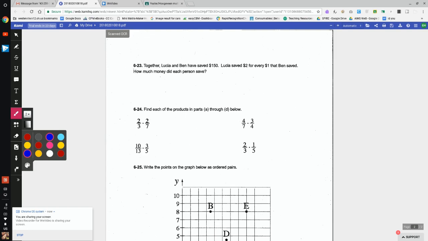And you know that Lucia, if she saves 2 for every dollar Ben saved, right now we have $3. Okay. So she saves another 2, he saves 1. They went from 3 to $6. So you kind of have to play around with these numbers. Knowing it's 4 to 2.